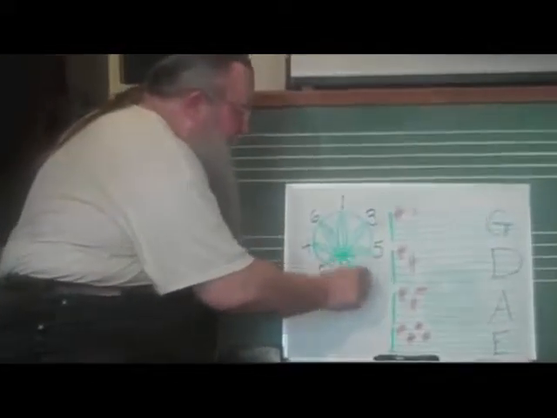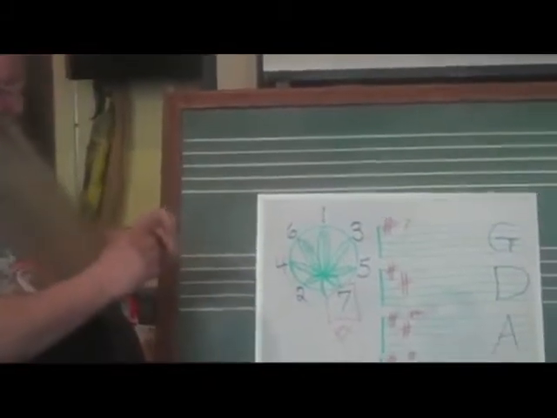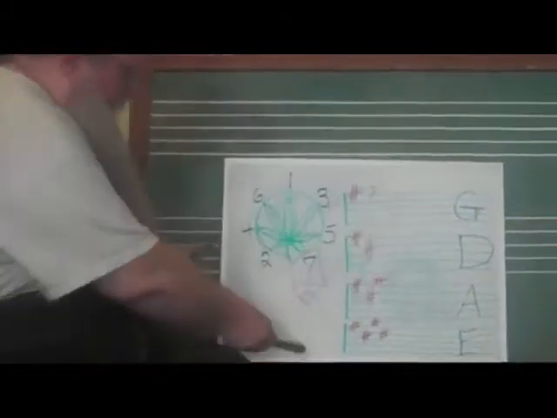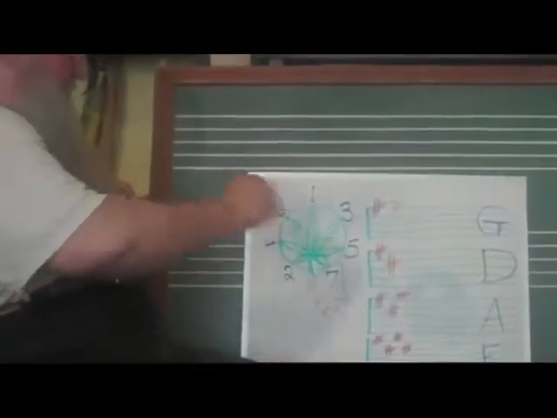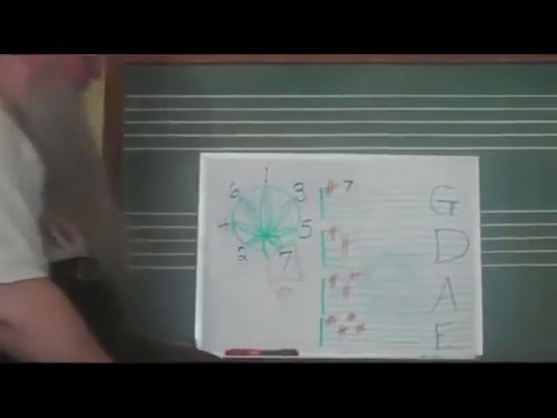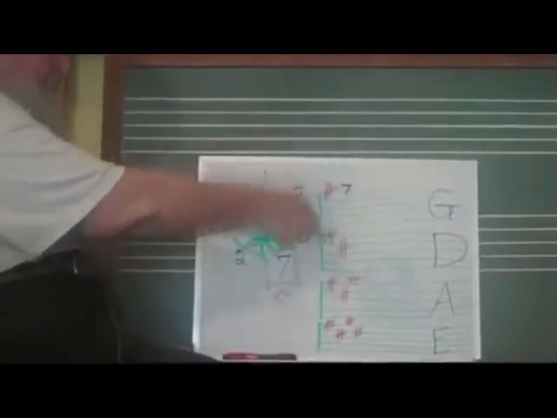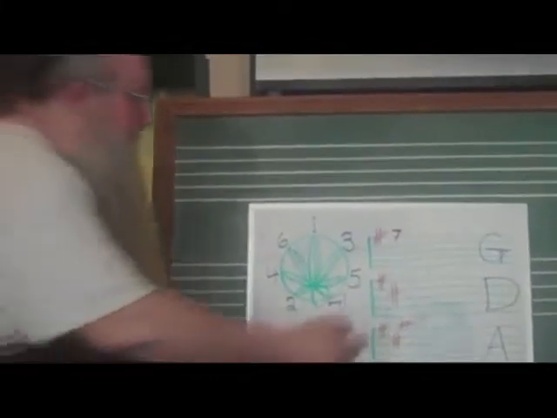So we're going to say that sharps are the number 7. And now, if I know that this sharp here is on this top line, that this top line is now the number 7, I can now apply this wheel rotating forward or backwards to number the staff for the key of G.